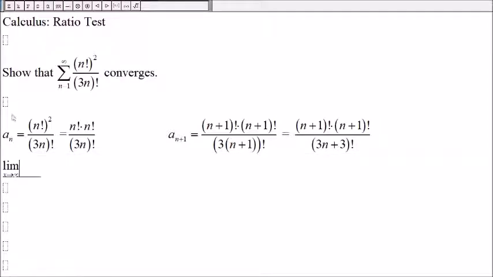And then now we need the limit as n approaches infinity of a sub n plus 1 divided by a sub n.